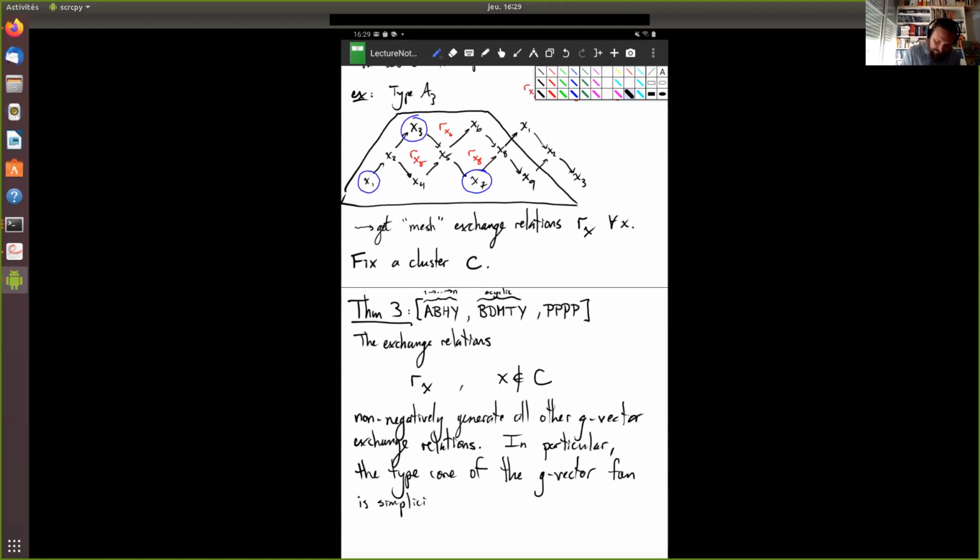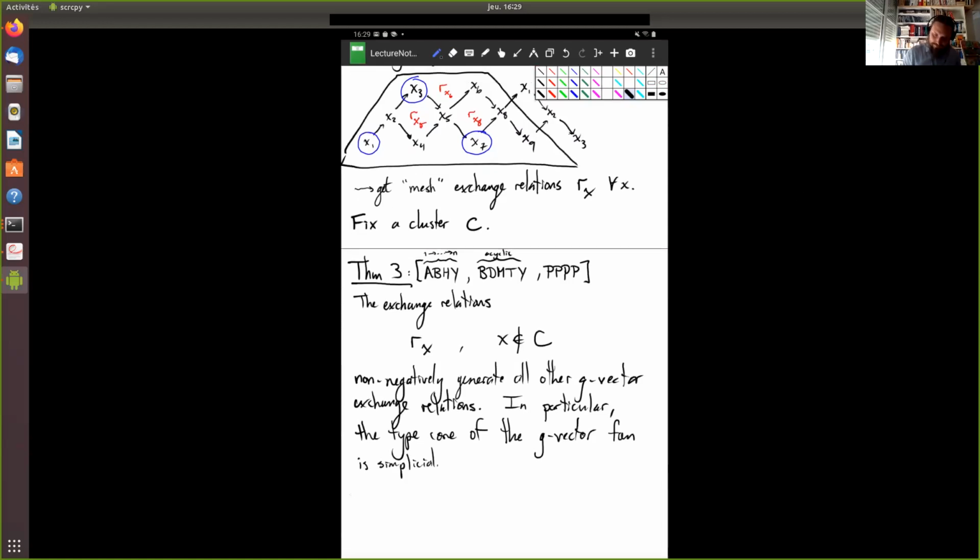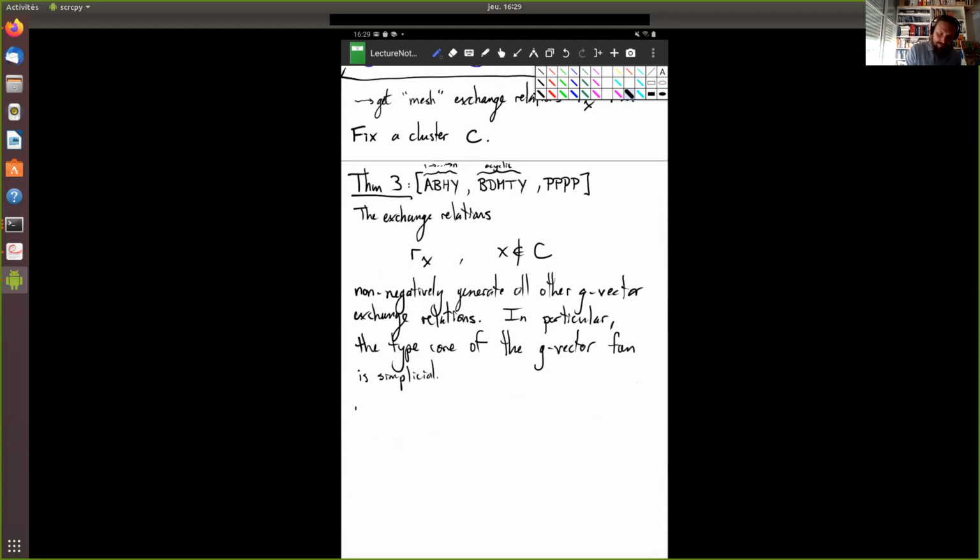And remember that the reason I care that the type cone is simplicial is that when I know this, thanks to theorem 2 above, I can write down all polytopal realizations of the G vector fan. So in this case, I can write all realizations of the generalized associahedra in any finite type for any choice of initial seed. So this is maybe some final remarks.